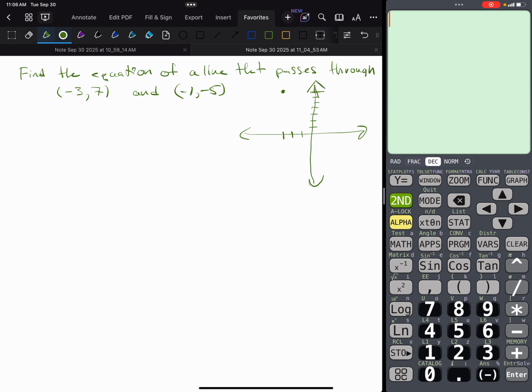Now my -1, -5, that'll be -1 here, and then 1, 2, 3, 4, 5 down, and so that's where that point is.